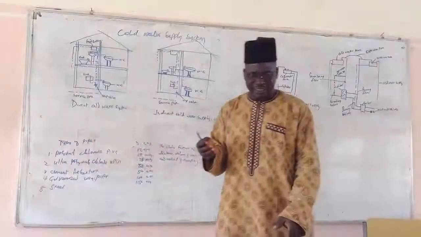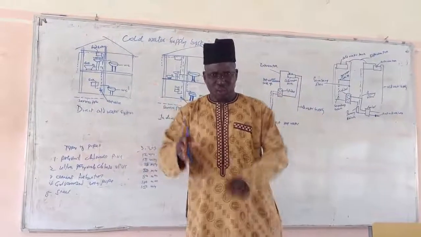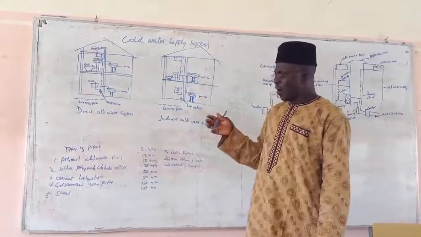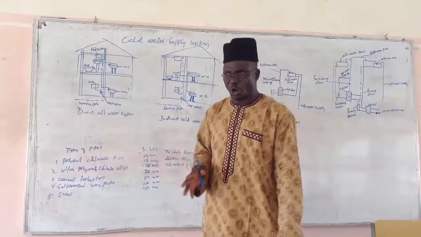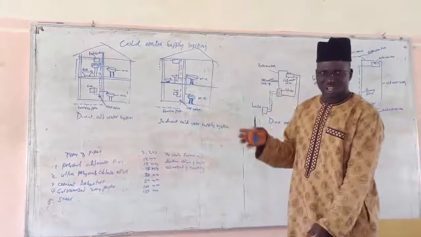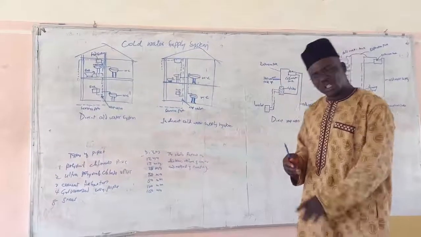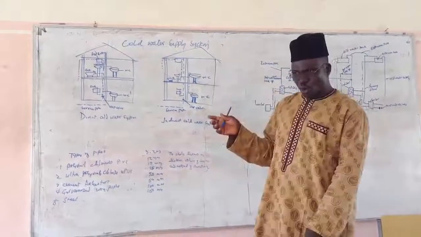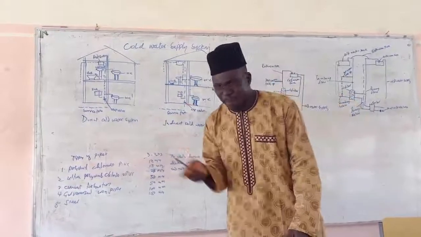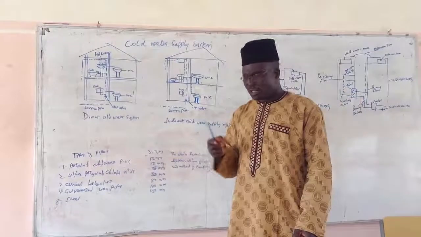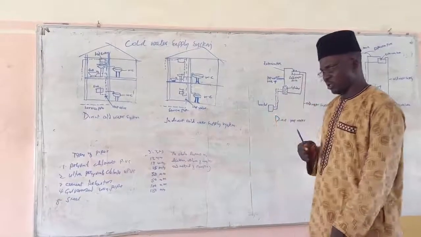If you go to companies, you see where they use pipe for their own connections. But our only concern today is going to be on the pipes used in distribution of water, cold water distribution. It is not only for cold water distribution, we also come to see where pipes are used for hot water distribution.